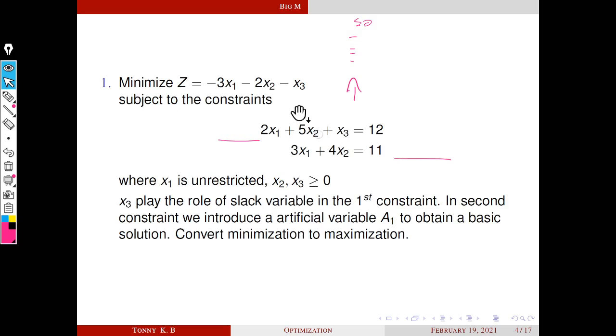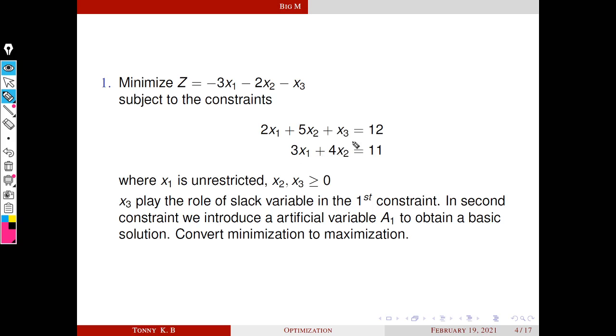Okay, so let's see an example. Minimize z equal to minus 3x1 minus 2x2 minus x3 subject to the constraints. And what about this x3? Here the coefficient of x3 is 1, and there is no term containing x3 in the second constraint.